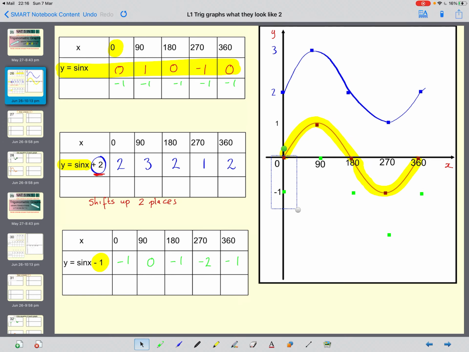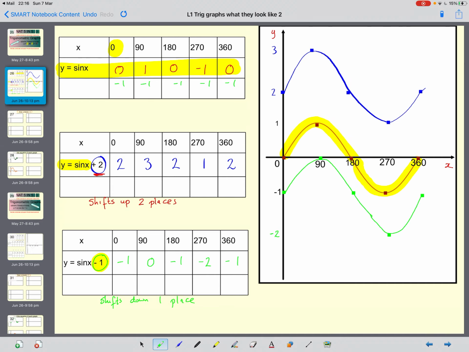Then I'm just going to draw in my sine graph. Again, you should be able to see what has happened here: because of this negative 1, it has shifted down one place.